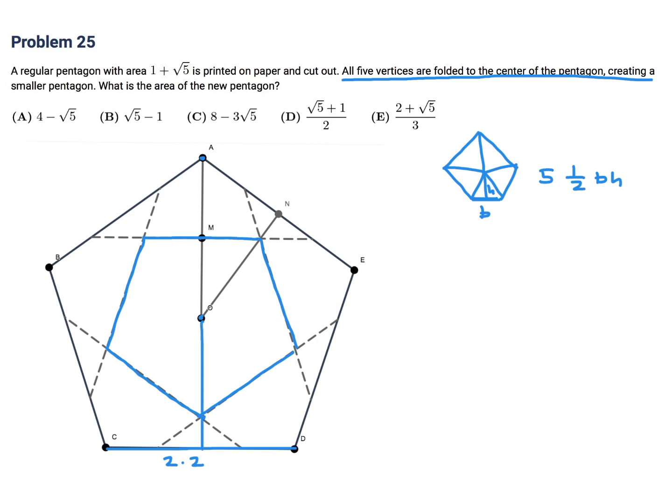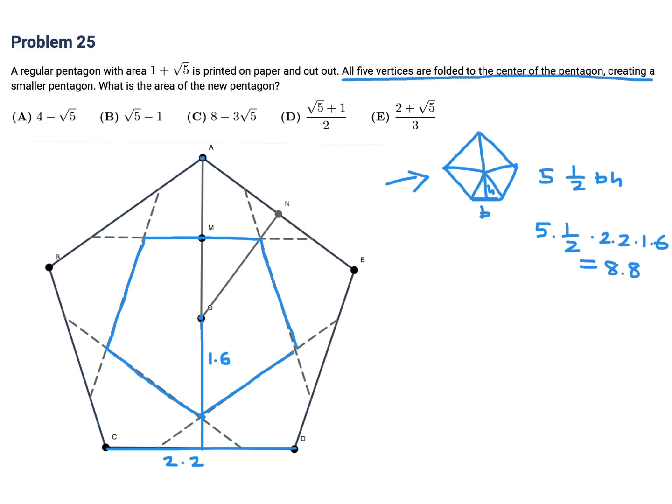Just very similar to that, trying to figure out the height of one of those triangles. And that was about 1.6. So that would be 5 times 1/2 times 2.2 times 1.6, and that's about 8.8. Okay, great.